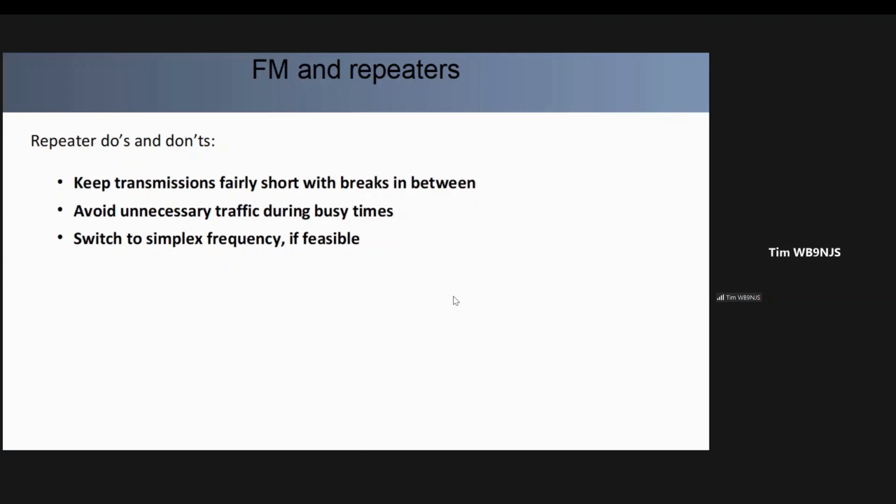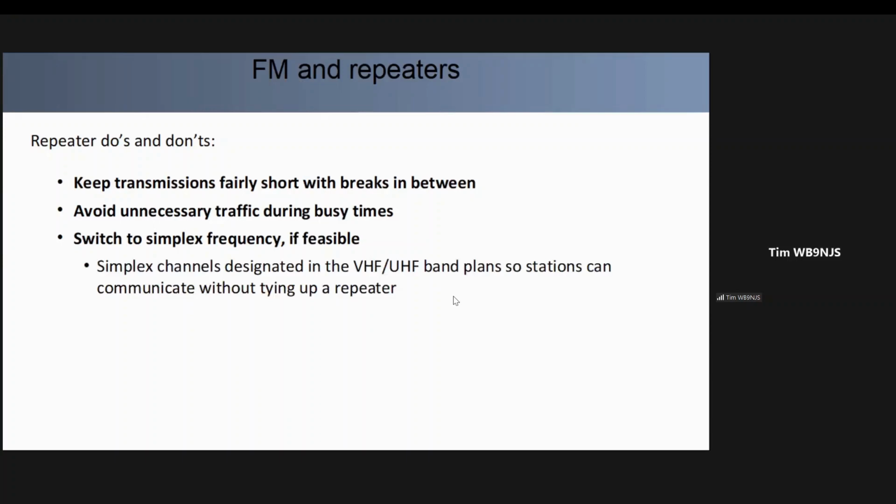If you don't need to use a repeater to talk to the person you want to talk with, switch if it's feasible. And this is one of the reasons simplex channels are designated in the band plans, so that stations can communicate without tying up a repeater. That is a question pool answer right there.